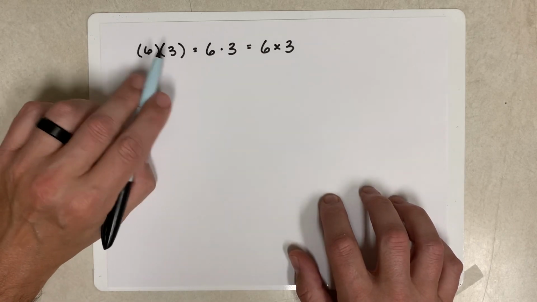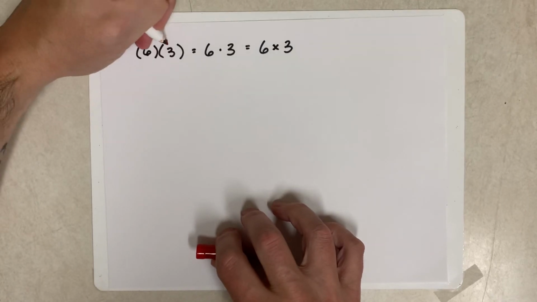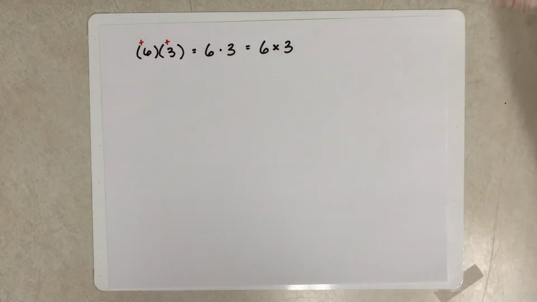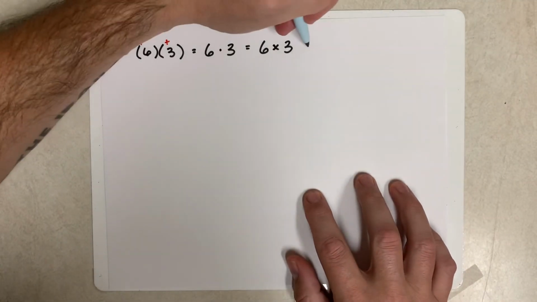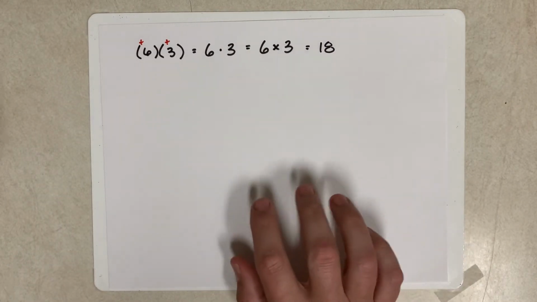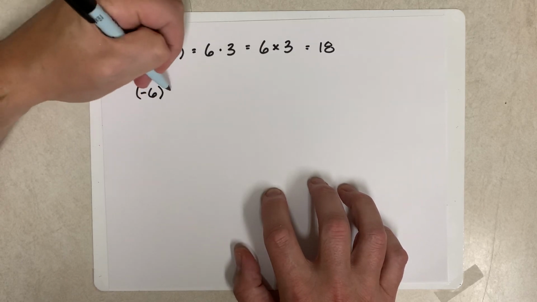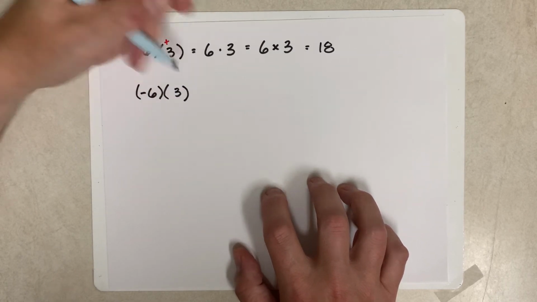All right, so you have positive and positive, and when you multiply two positive numbers together, you're going to get a positive answer. And so we get positive 18 for our answer. No big deal. So what happens if I make one of them negative? Negative 6 times 3.